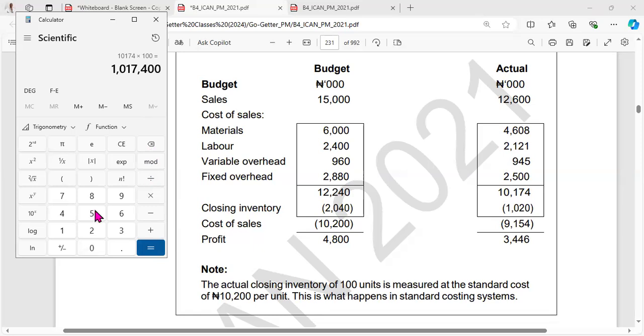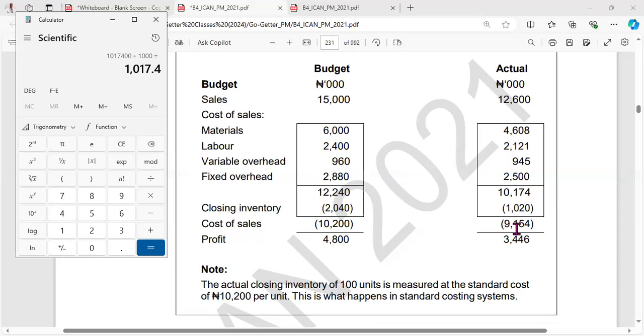Of course, if I divide this by 1,000. So this is what I should be getting as my closing stock. But why is my closing stock this? Hmm, this is because closing stock is, how will I put it now?